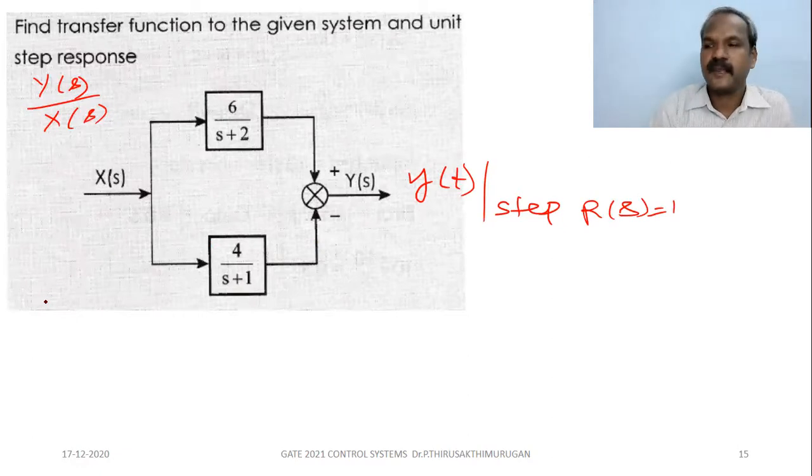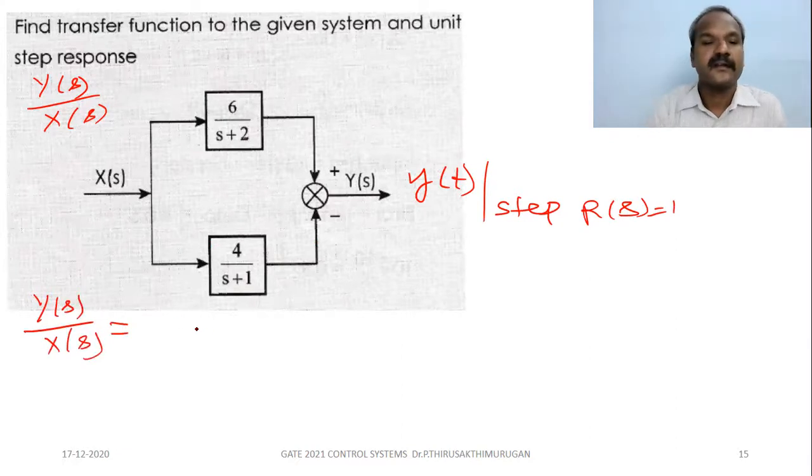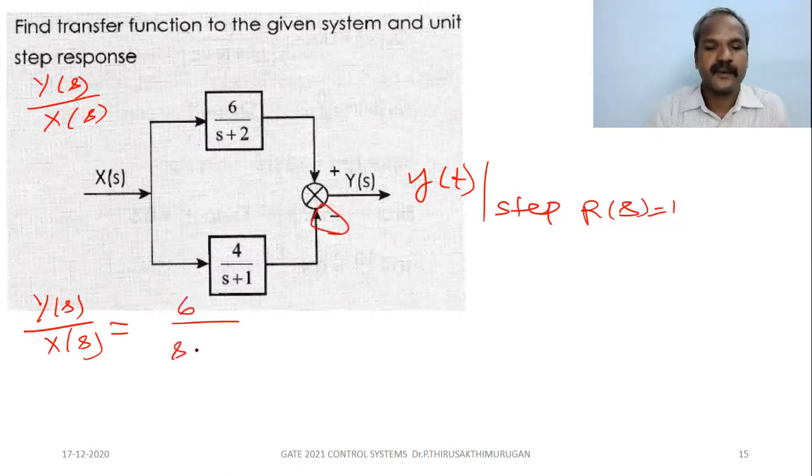Simplify this: Y(s) by X(s) equals, these two are in cascade. This is forward, this is also forward but negative. So 6 by s plus 2 minus 4 by s plus 1.